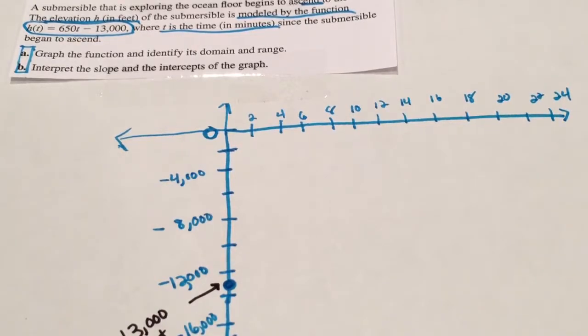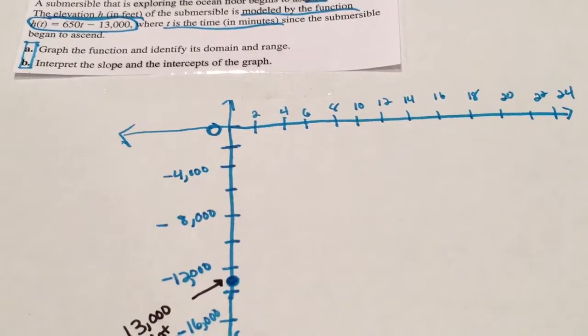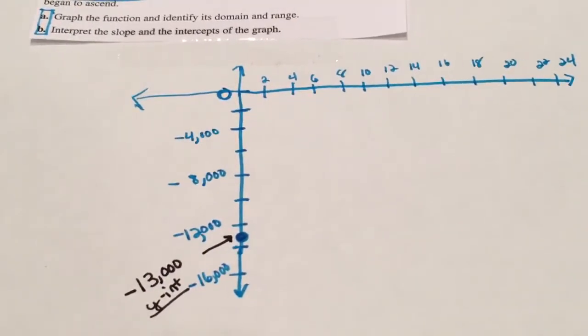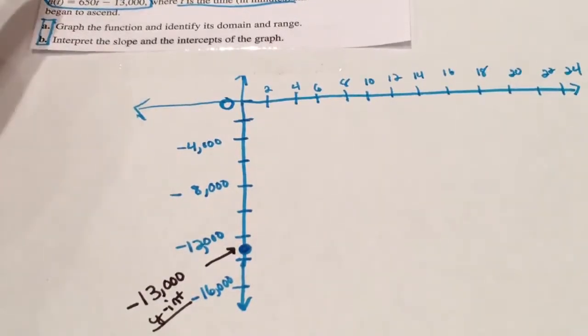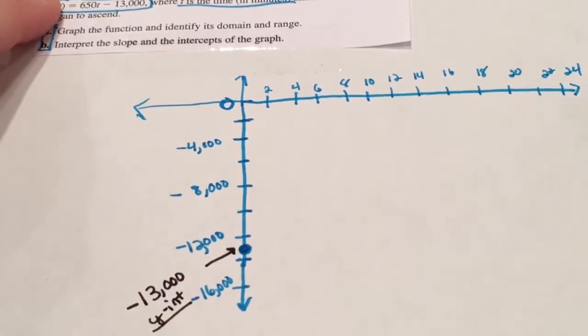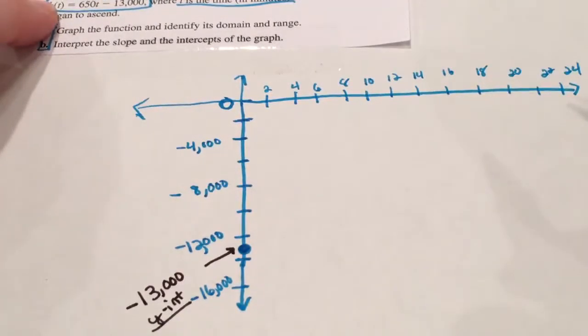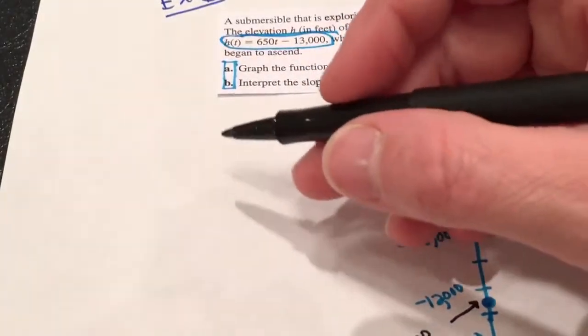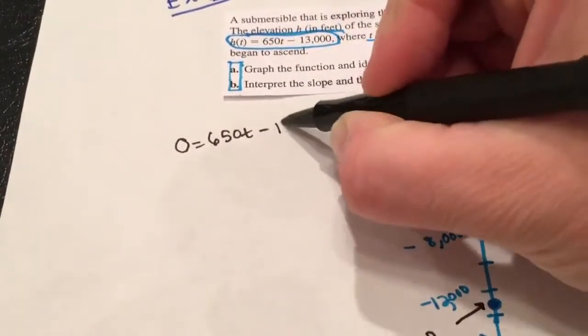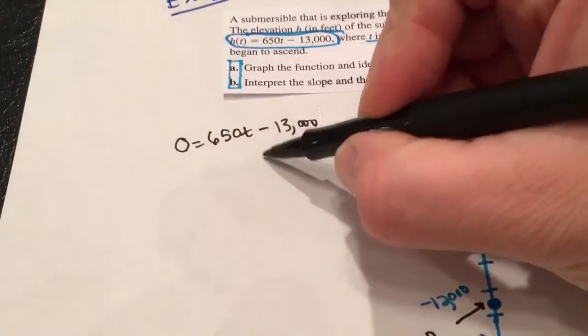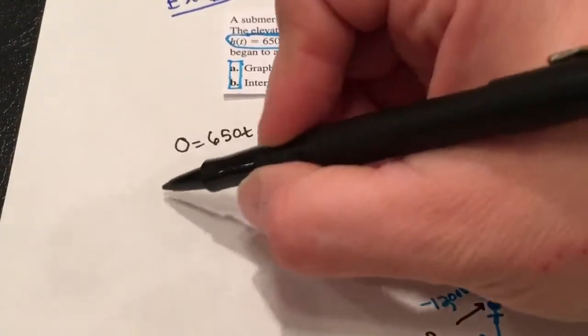Another way we could check this is to find my x-intercept like we did the other day. That would be when y is equal to 0. So if this is equal to 0, we can just solve that over on the side. If I have 0 equals 650t minus 13,000, I would add 13,000 to both sides.